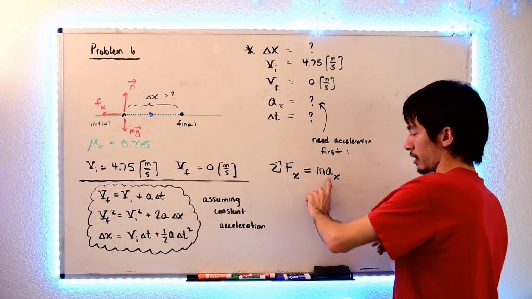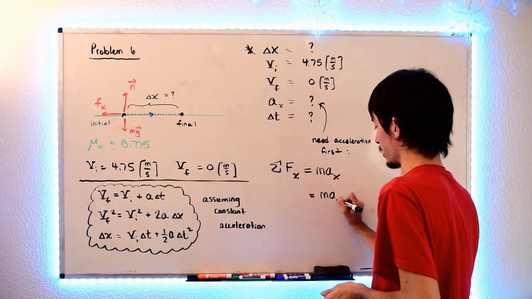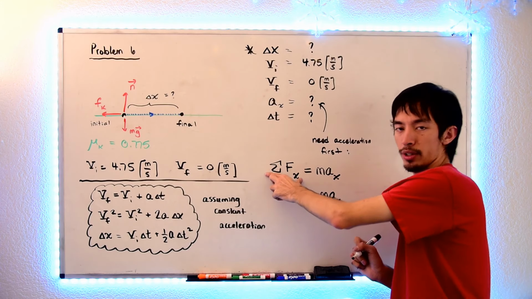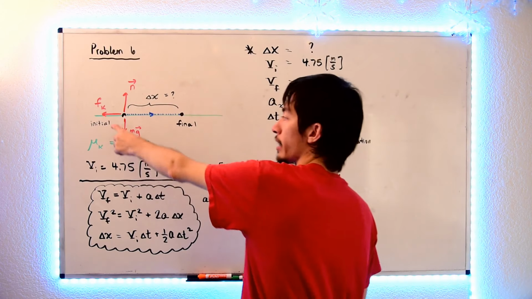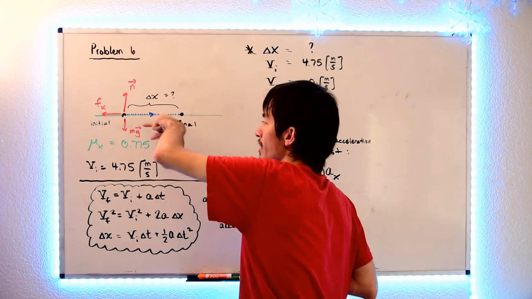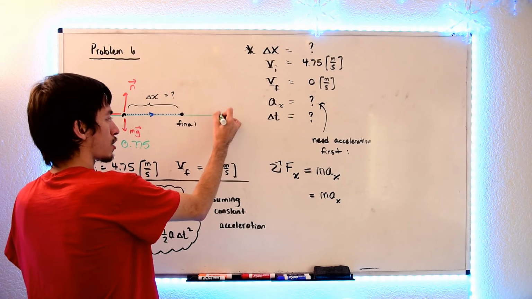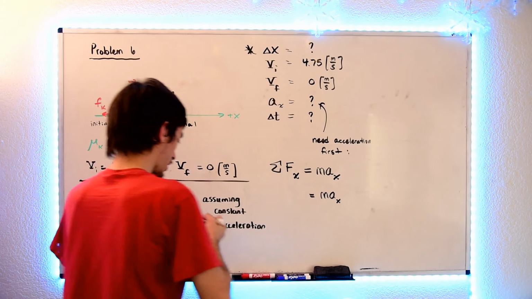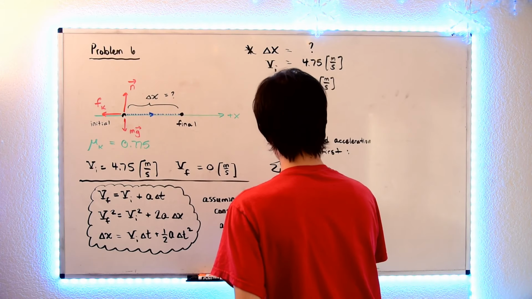We're going to leave the acceleration side alone, because we just want to solve for it. On the left side, we consider all forces acting on the object with an x component. It's only the friction in this problem, and it points in the negative x direction, given that the positive x direction is to the right. So I will write negative friction because it points to the left.